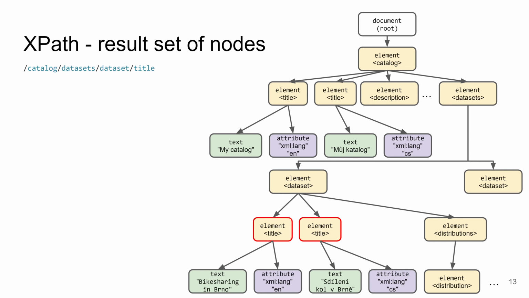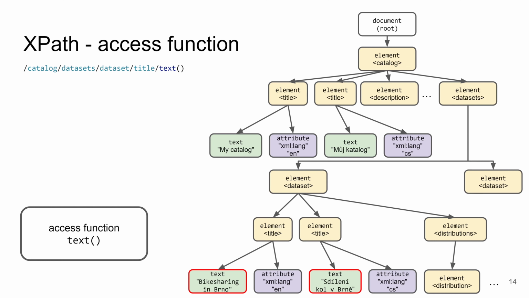Now, when we go to the next step, we add a title, and again, the result will be, in this case, the two title elements, and we can add something called an access function, which in this case is the text function, which gives us the text content of an element. So here, the result of this XPath function are the two texts, bike sharing in Brno and sdílení kol v Brně, which are the same texts, one in English and one in Czech.